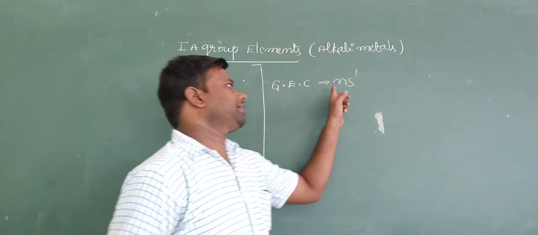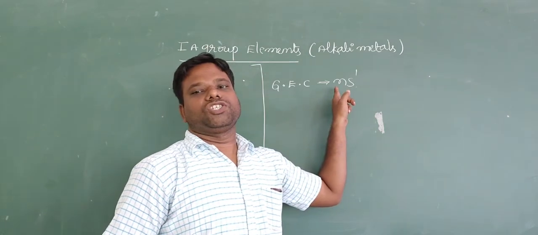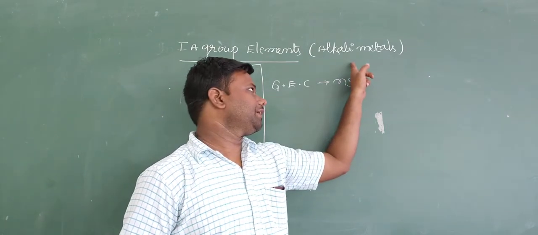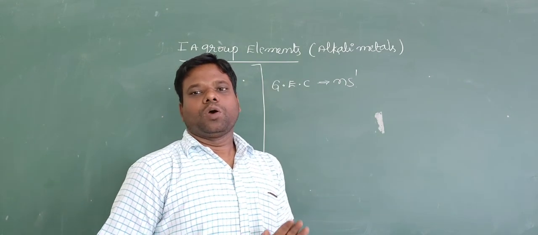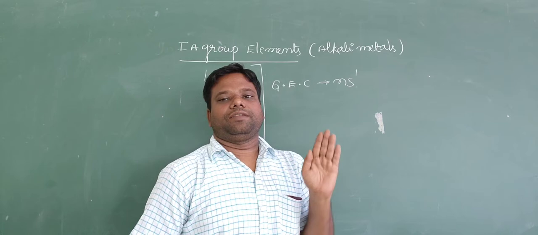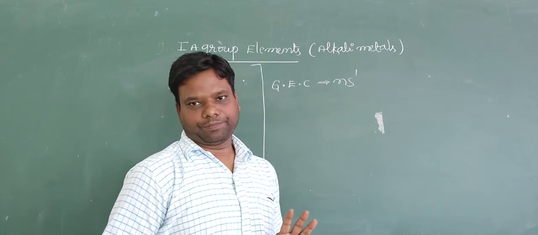Here n represents the number of energy shells and 1 represents valency electrons. That means only one electron is present in the valency orbit.